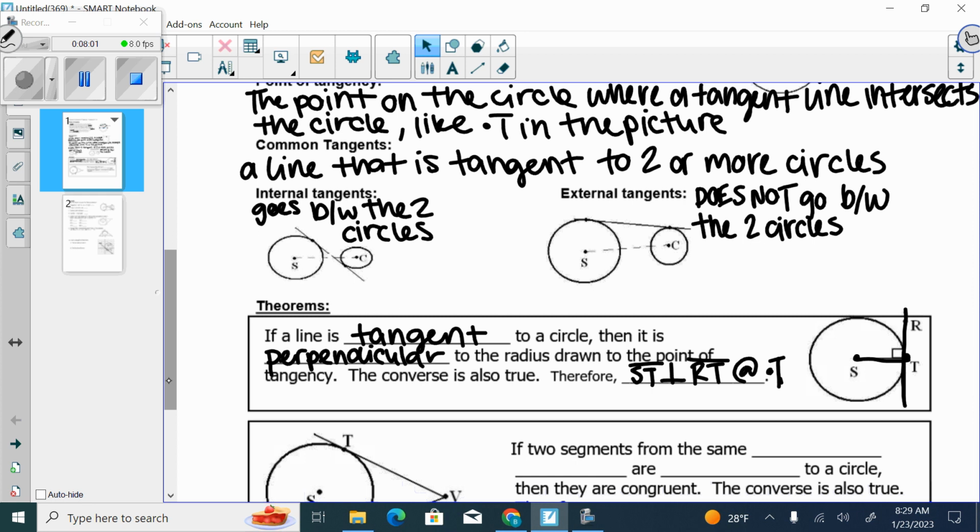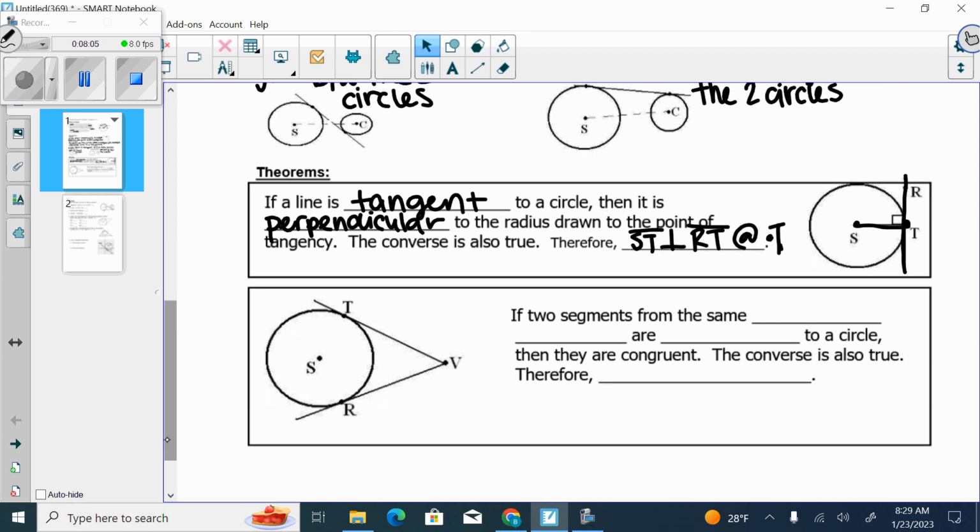All right. The second theorem that we need to know that's going to help us find some missing pieces says that if two segments from the same exterior point, so exterior means on the outside, right? So exterior point would be like point V here.